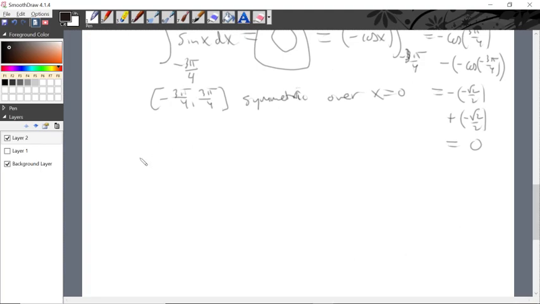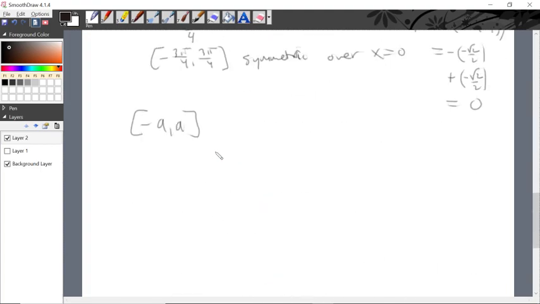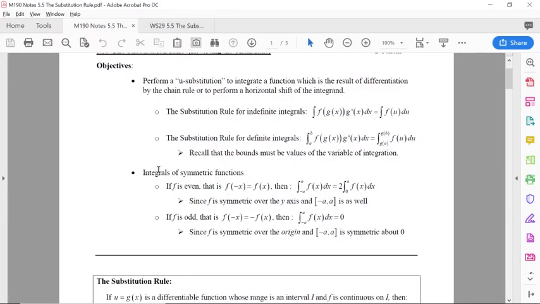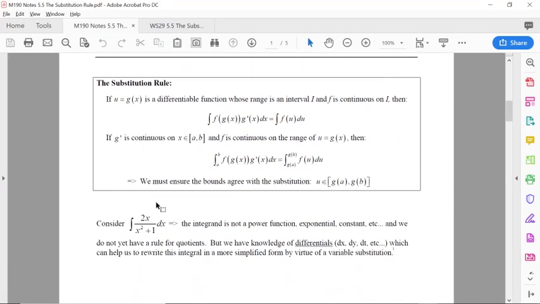So if we have the interval from negative a to a, then the integral from negative a to a of f of x dx is equal to 0 if f of x happens to be an odd function. That could be something that serves you well in doing integration for some examples in the future as well. Okay, let's get back to our substitution rule.